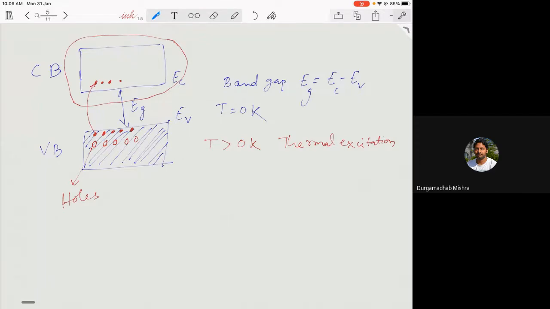The band structure is different, so there is no band gap, so to say, in graphene. That is why electrons in graphene move really fast. The mobility is very high.